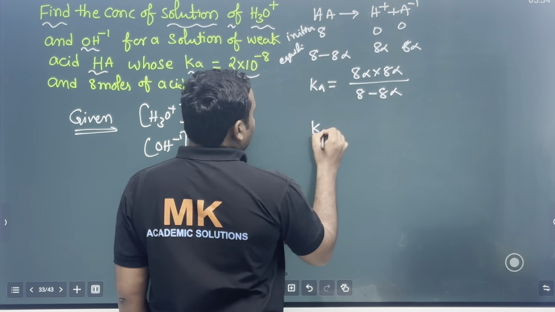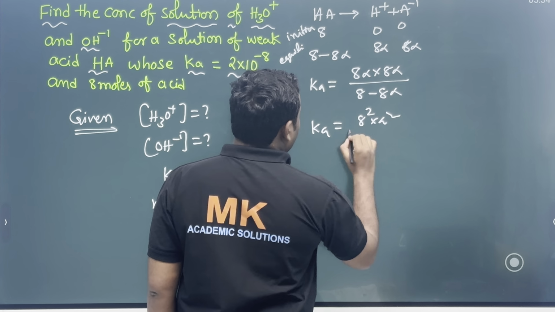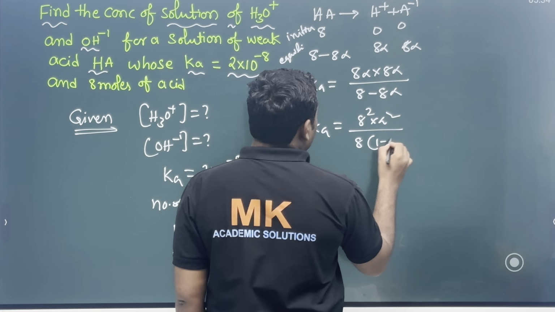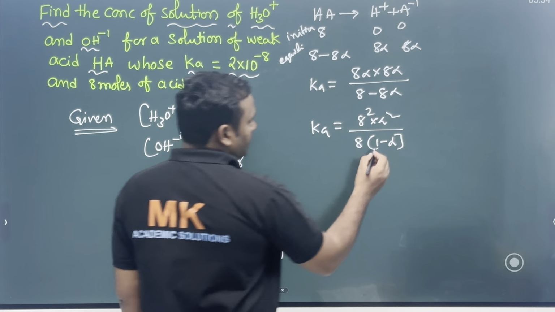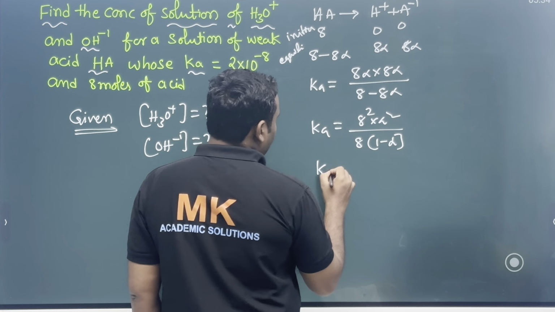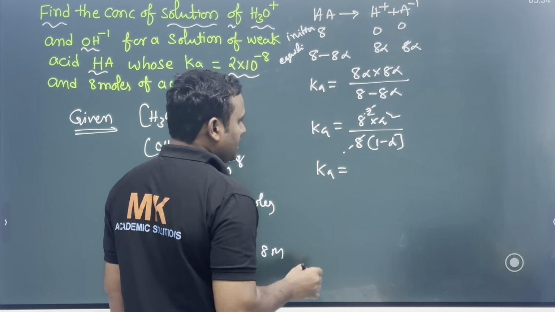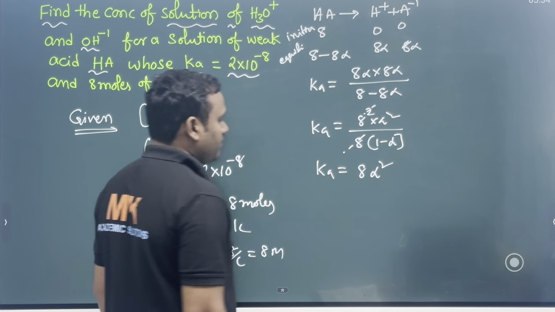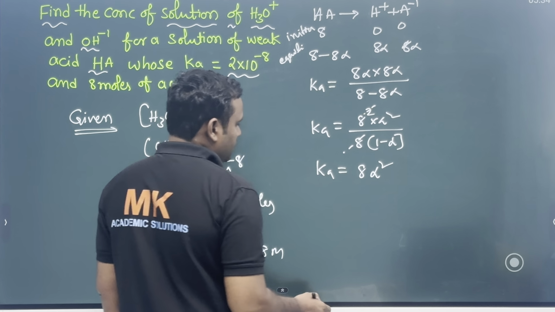Therefore Ka is equal to 8 square into alpha square by 8 into 1 minus alpha. Here 1 minus alpha is negligible. So Ka is equal to 8 alpha square, as 8 square will get cancelled out.